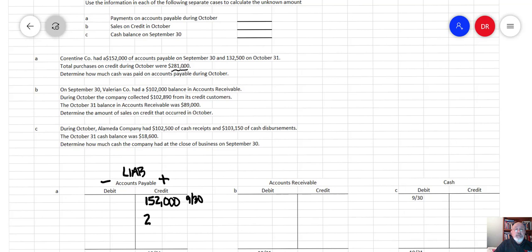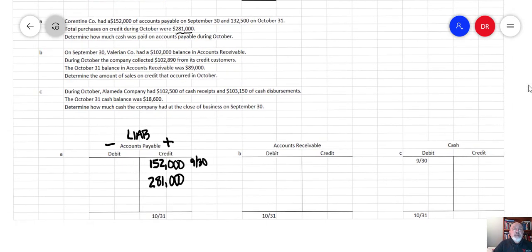So we have $281,000 as a credit because we're increasing the account. And then it says we had an ending balance on October 31st of $132,500. So I need to move this up just a touch.